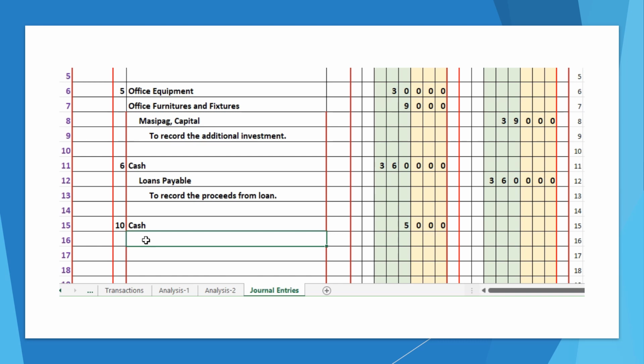So, we're going to credit the repair income. Repair income. Okay, capitalize the I in income. Okay, for 5,000. So let's copy this and paste.